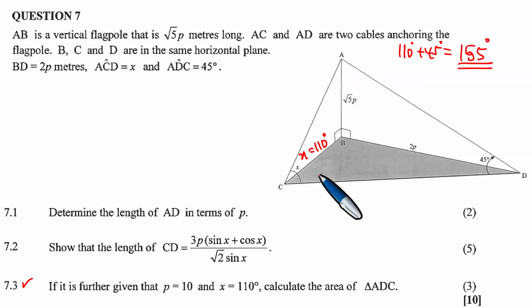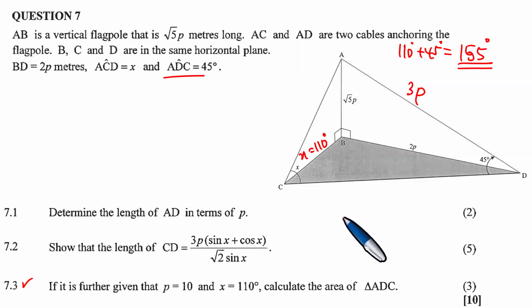This one you know is 3P, and this CD is exactly this one here. You already know the angle ADC is 45 degrees.